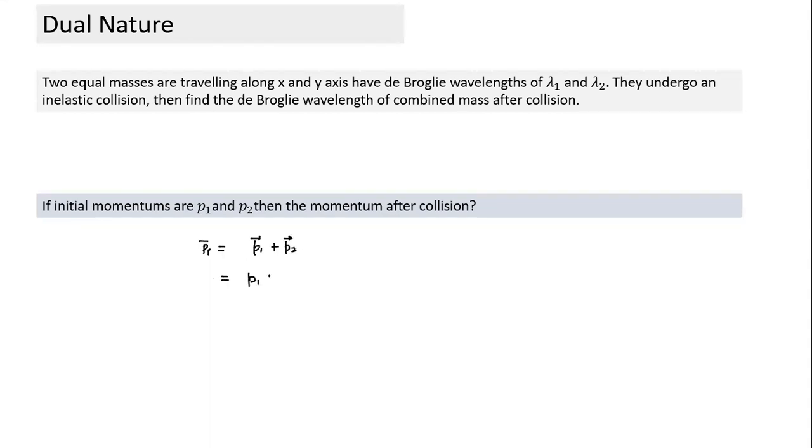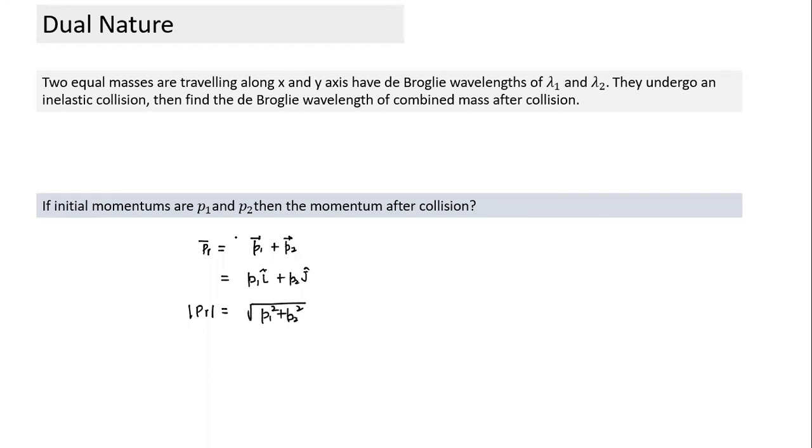I can write it as P1 into i cap plus P2 into j cap. They are mutually perpendicular, but we are only interested in the magnitude, because for wavelength we only need the combined magnitude. What will the resultant momentum be in terms of magnitude? It will be equal to the square root of P1 square plus P2 square.